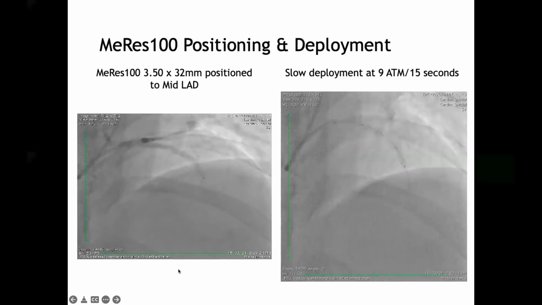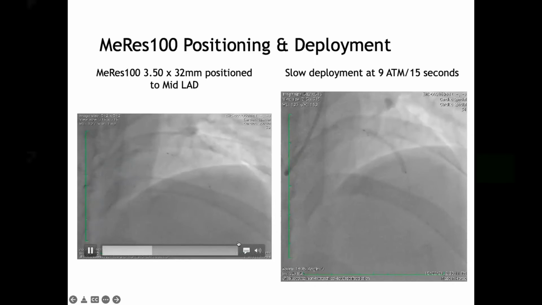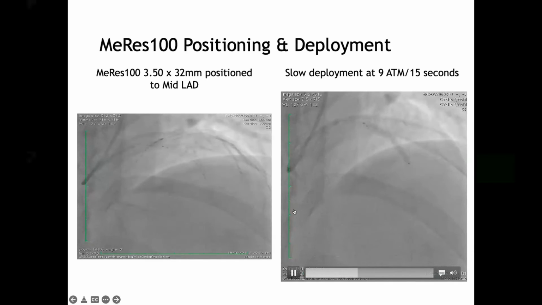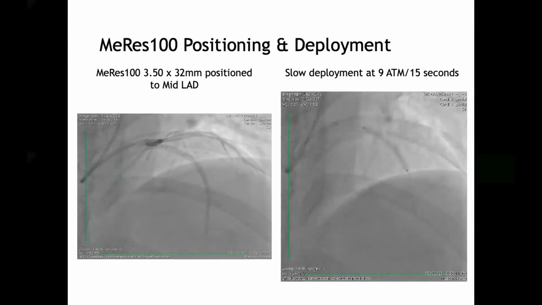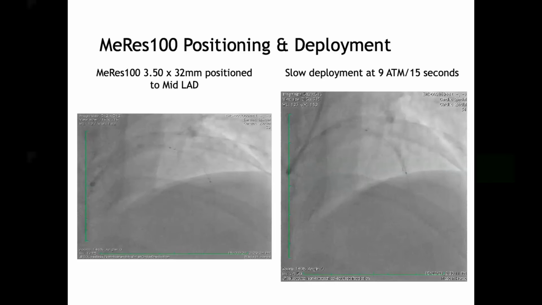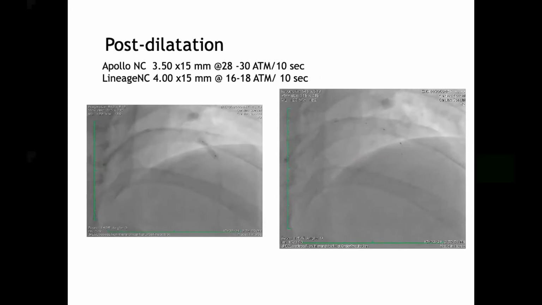After adequate pre-dilatation, a 3.5/32 BRS was positioned, covering the whole length of the previous stent, and it was deployed at 9 atmospheres slowly. And then post-dilatation initially with a 3.5 NC at 28 to 30 atmospheres, and then with a 4 millimeter NC at 16 to 18 atmospheres in the proximal part of the scaffold.